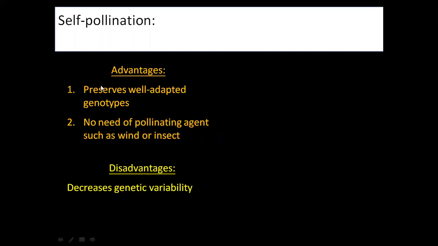So this is one of the advantages of self-pollination. And since it is happening within the same plant, there is no need of a pollinating agent like wind and insects. A disadvantage of self-pollination is decreased genetic variability. With less genetic variability, there is less chance to adapt to a new changing environment.